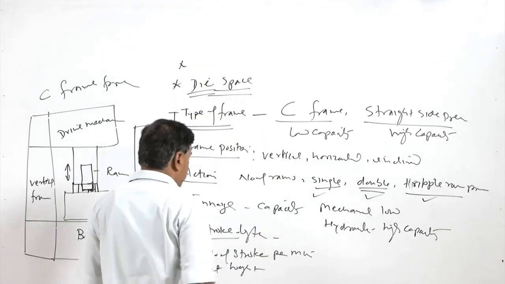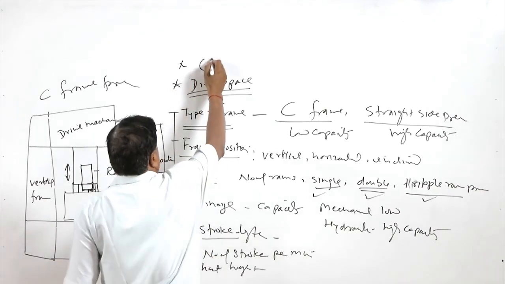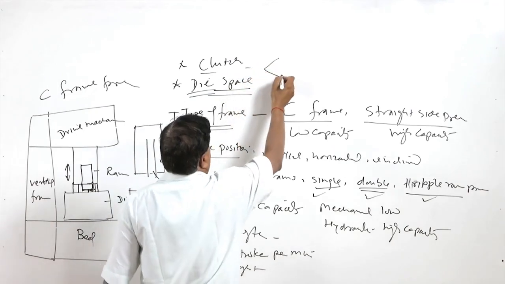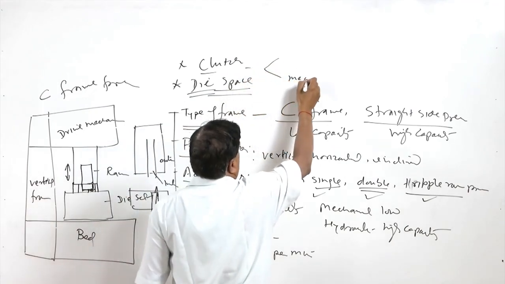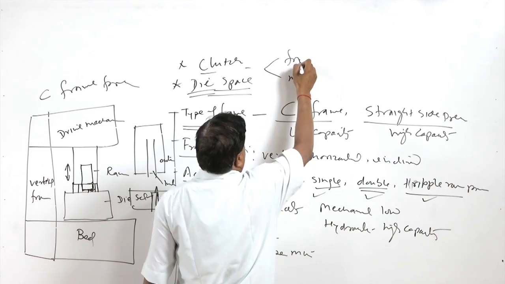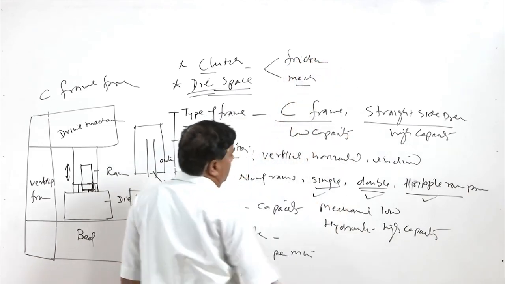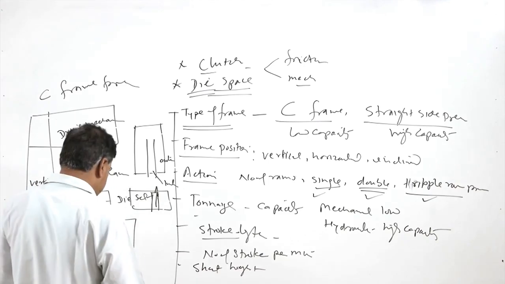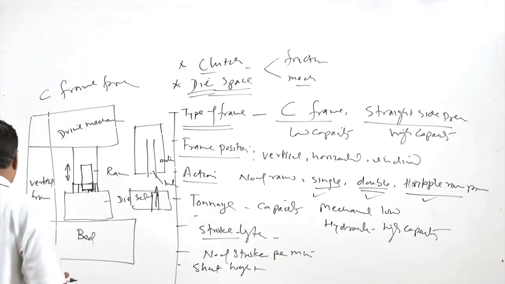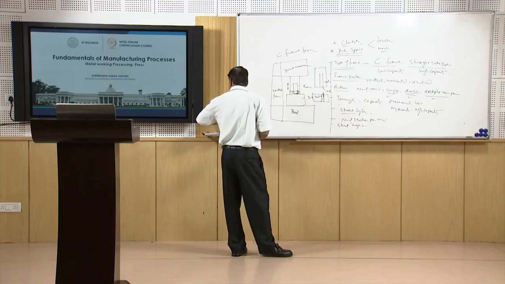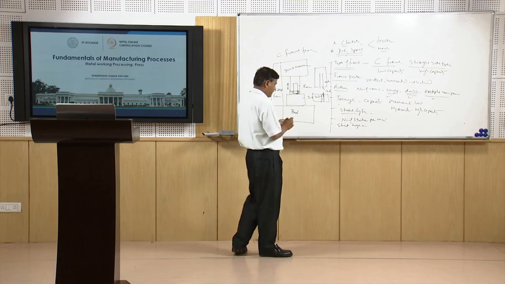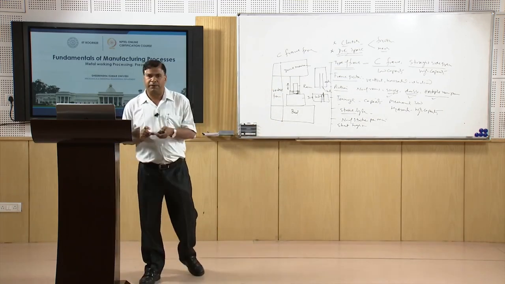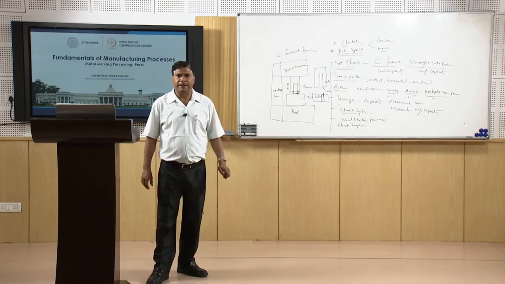And there is one more classification, based on the clutch: two types of clutches, mechanical clutches and friction clutches. So, these are the different factors based on which presses can be classified. Now we will go through the different presses sequentially with the help of diagrams.